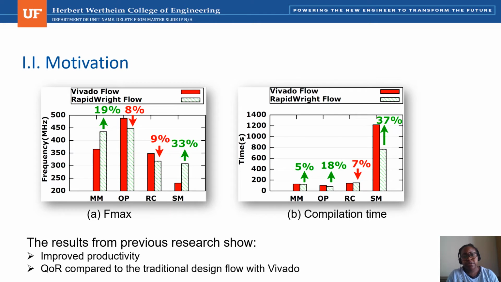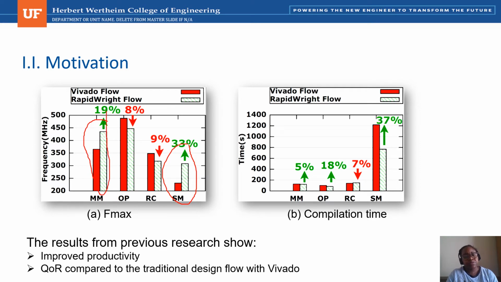As a motivating example, we present four different applications that have been implemented in a 3x3 processing element array in both Vivado and the pre-implemented flow. We present here the compilation time and the maximum frequency achieved by each design. We're only going to focus here on the matrix multiplication operation and the smoothing, which is also known to be a convolution.